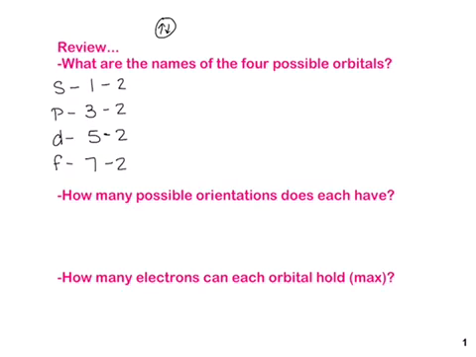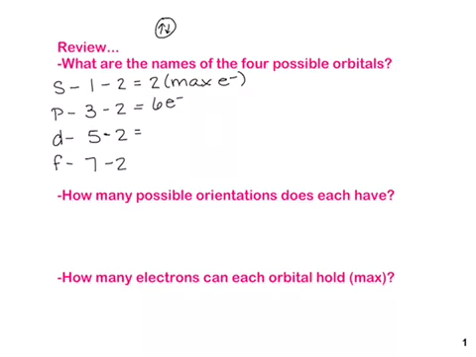And so the maximum number of electrons in each of these sublevels or orbitals would be 2 for the S. So this is maximum electrons. The P sublevel can hold a maximum of 6 electrons.